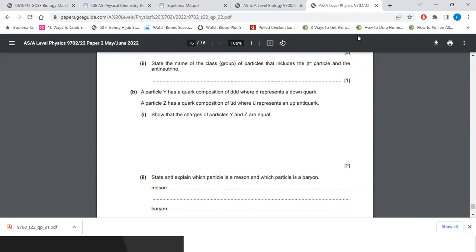Particle Y is -1, and particle Z is also -1. Yes, good job. So that's going to be -1/3 plus -1/3 plus -1/3 for particle Y, and particle Z is going to be -2/3 -1/3, which is also going to give you -1.